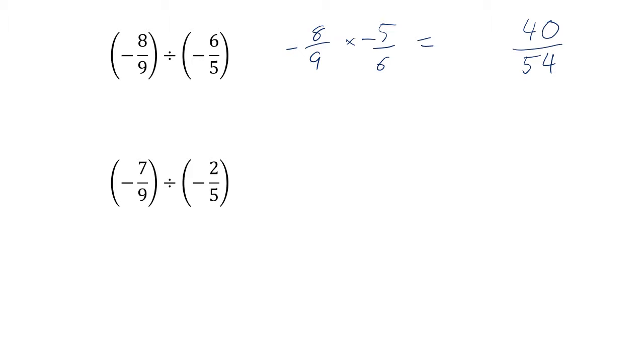And if you see that they're both evens, it might be easier if you just start taking out some, divide by 2 kind of thing like this. And so you can get 20 over 27. Okay.